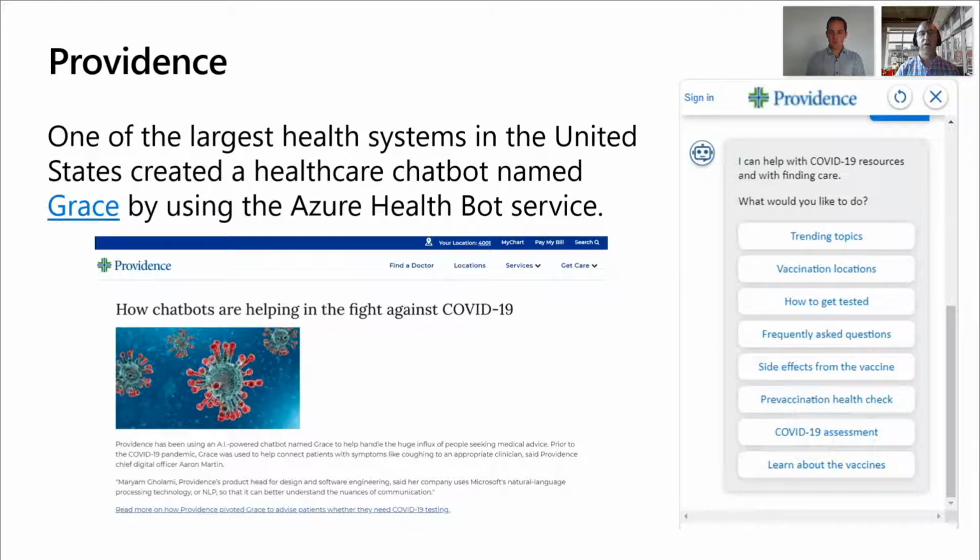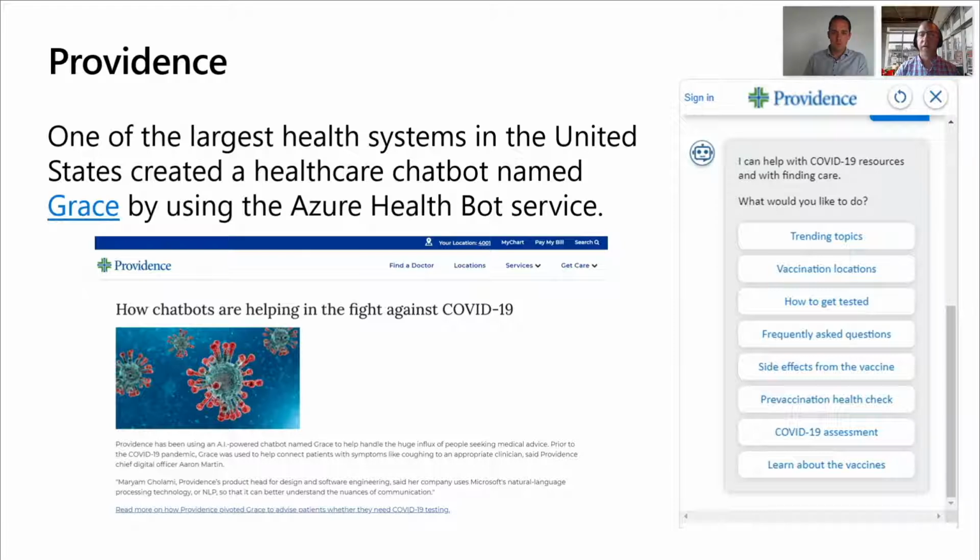And this scenario actually became the first COVID-19 related scenario template to be made available publicly in the Azure HealthBot platform, so customers around the globe could leverage that scenario template for their specific needs. And over time, the Providence team expanded Grace to include information about finding locations to get vaccinated, frequently asked questions, as well as using ML and AI.